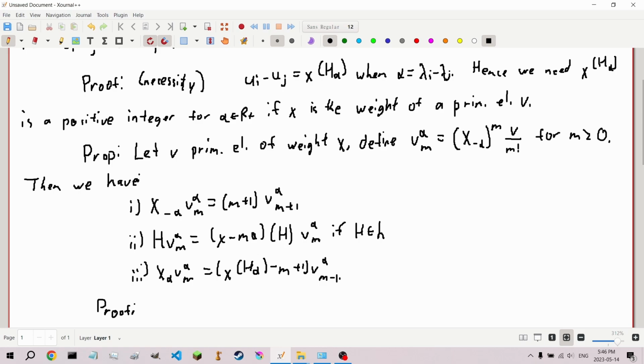And so condition 1 is immediate from the formula above. We get 2 means that V_alpha,m is of weight chi minus m alpha, as we have seen.